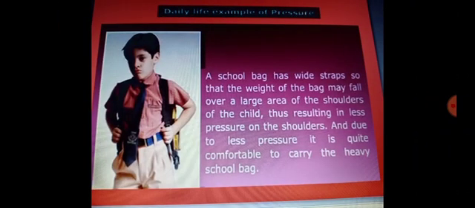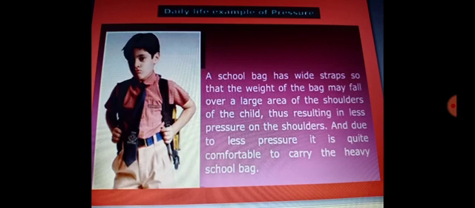A school bag has a wide strap so that the weight of the bag may fall over a larger area of the shoulders of the child, thus resulting in less pressure on the shoulders. And due to less pressure, it is quite comfortable to carry the heavy school bag.